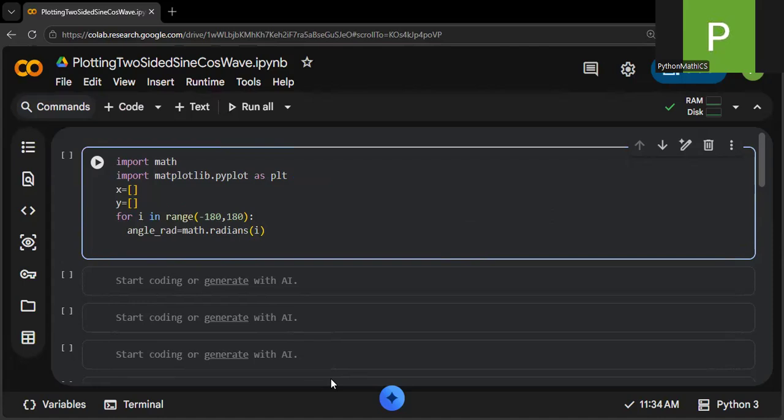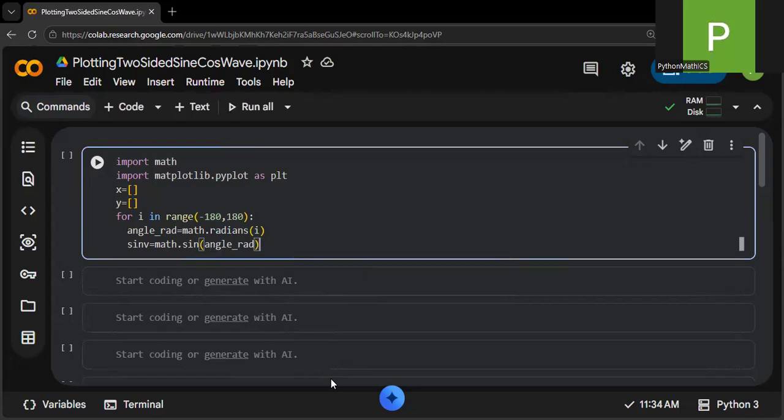So then we find the say sine value. So I write sin_val is equal to math.sin. You can also write the cos value or so, and you give it the radian angle, angle_rad.